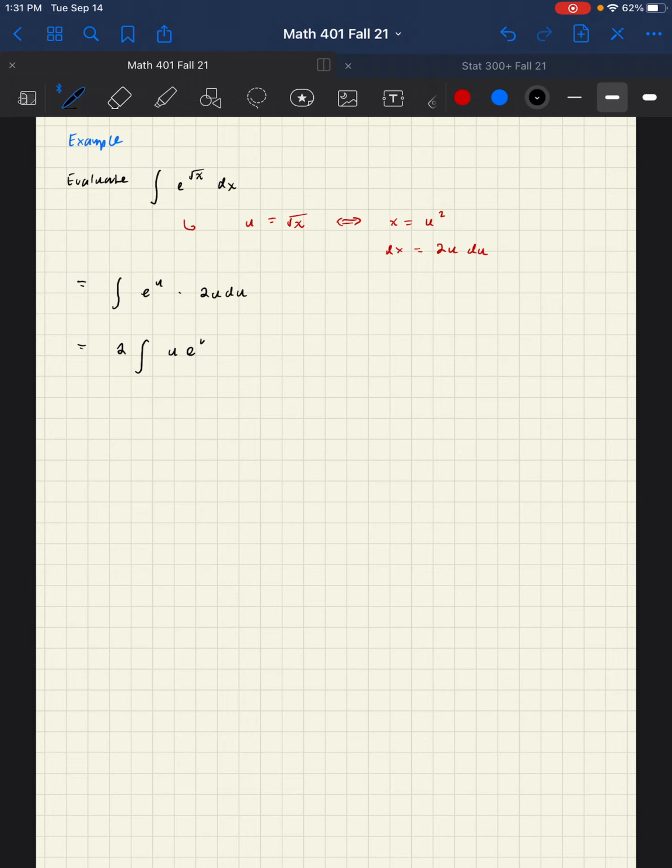So this isn't that great, but it is at least a step forward from where we started. It's at this point that you should recognize that we can use integration by parts, because we have the product of two functions, one of which we're going to differentiate, and one of them that we're going to integrate.